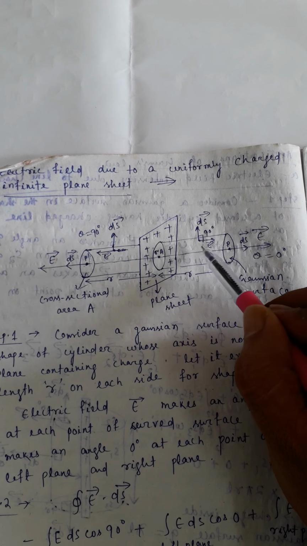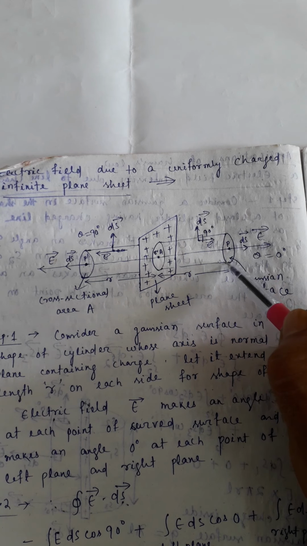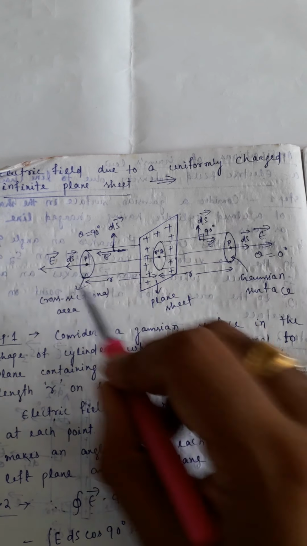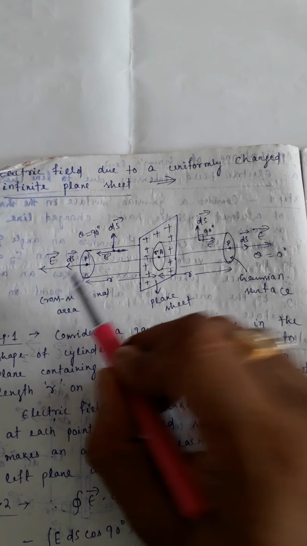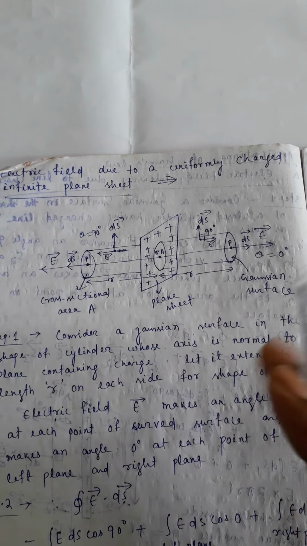Here also there are 3 surfaces: one is a curved surface, and here is the left surface, and here is the right surface, and everywhere the 3 surfaces are closed.